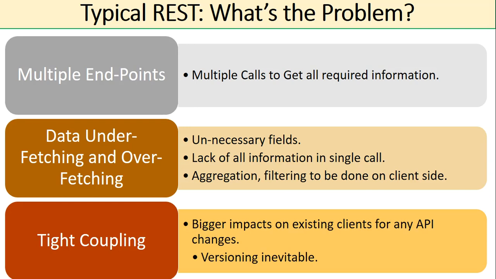And then another problem is that you have very tight coupling, because if you have to make any changes on your API endpoint, then everyone who is using these endpoints is going to be impacted. So what you do is go with versioning, and versioning is inevitable in this case, because if you don't do versioning, then your existing clients are going to be impacted. The result is that even for small changes, you have to go through a long process of making the changes, and making sure that it satisfies the needs of all the customers.